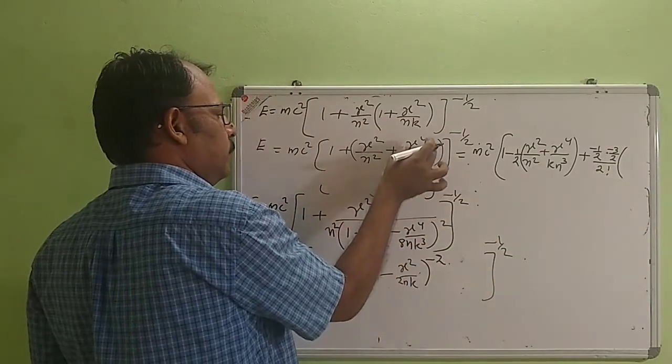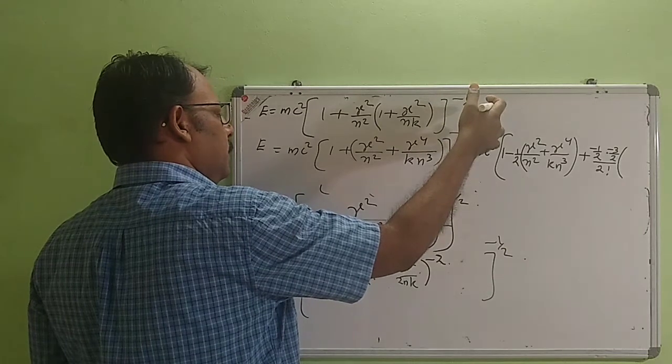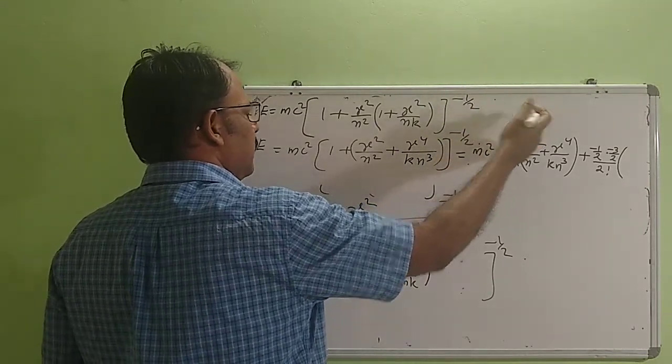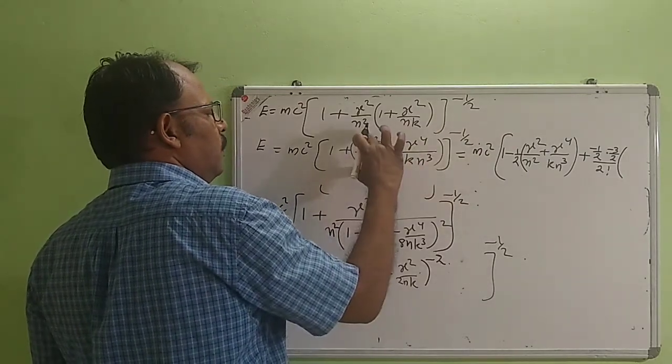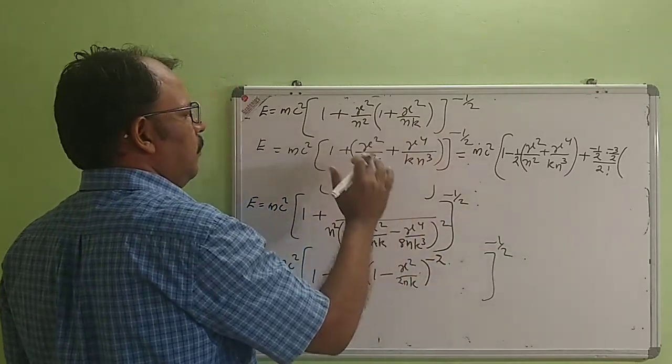When I take square of this gamma raised to 4 by k n cube, that square will be negligible, because we are not preserving terms higher than gamma raised to 4, and the product of these two also we can neglect. Only take the square of first term, that will be gamma raised to 4. All other terms will be higher than gamma raised to 4.